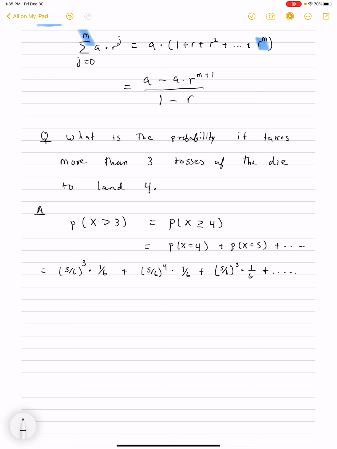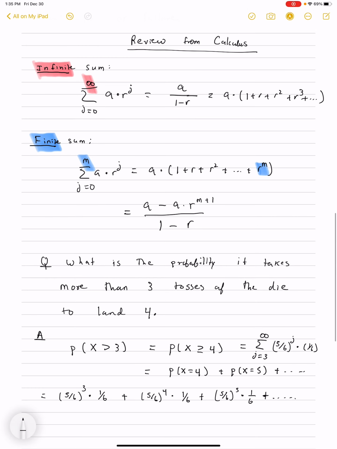I could have written this as the sum from j equals 3 to infinity of 5/6 to the j times 1/6, if I wanted to really write down the infinite sum.